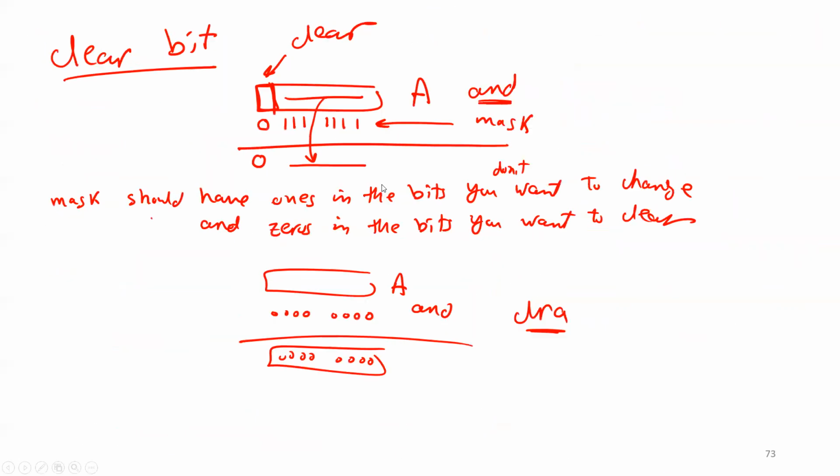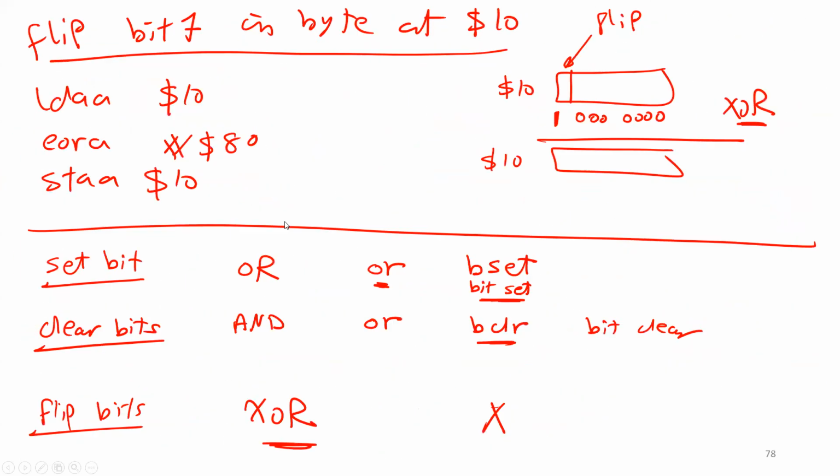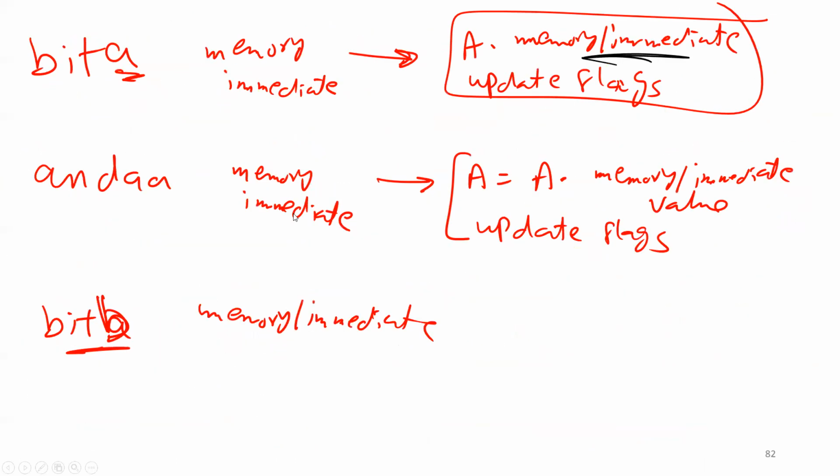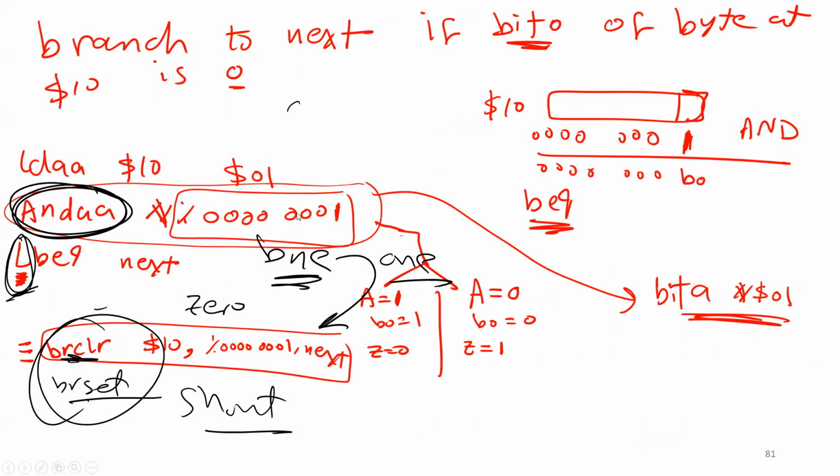If I go back and look here, guys, this is how XOR works. If you put 0, no change. 0 is going to make no change. 1 is going to make a flip. I'm just going to use it. So the bits I don't want to change, I'm going to put 0s. The bits I want to flip, I'm going to put 1. That's it. Very simple, right? That's exactly what I'm going to write now. Oh, sorry, I think I missed it.